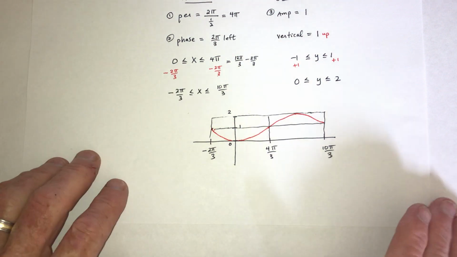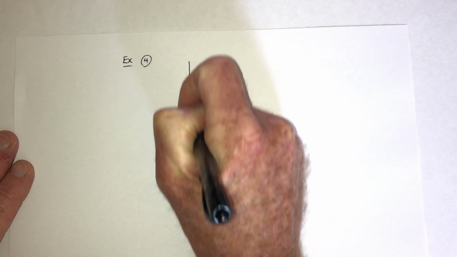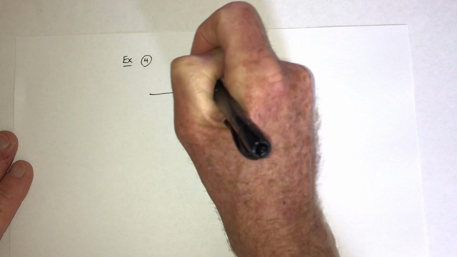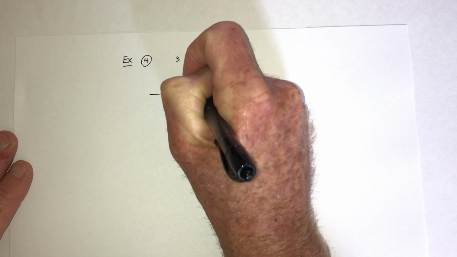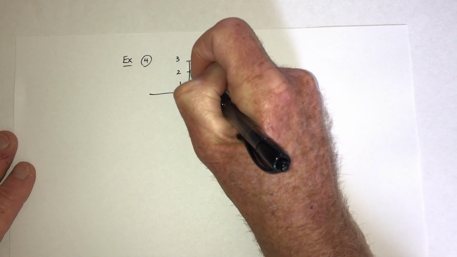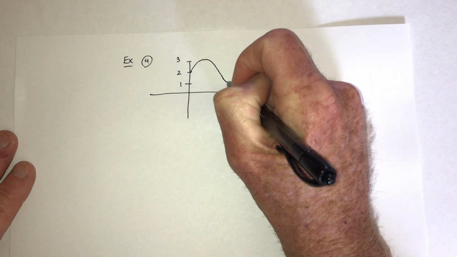Now, while I have your attention, there's just one more that I want to do. And that is basically, what if you were given the graph, then work backwards, and what was the function? So here's the graph.